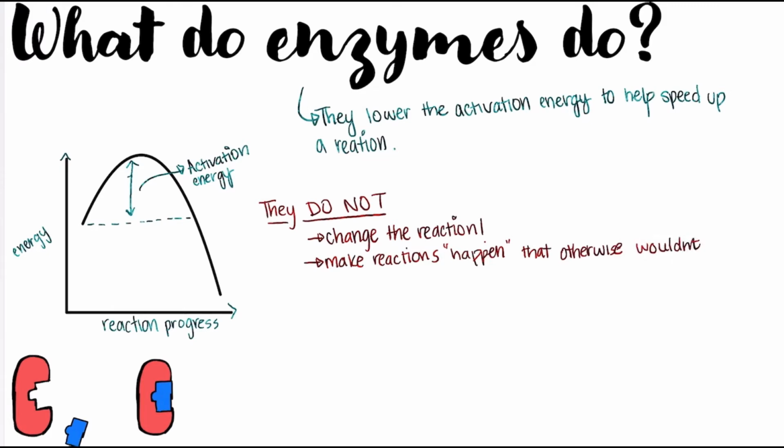They also will not change the energy of the starting point or the energy of our end point. The only energy that our enzymes are going to change is our activation energy.